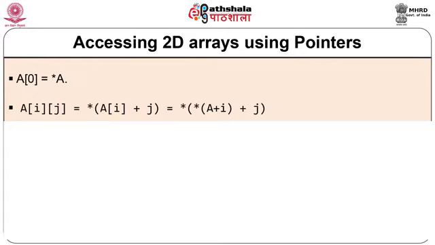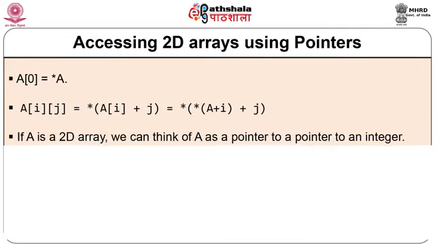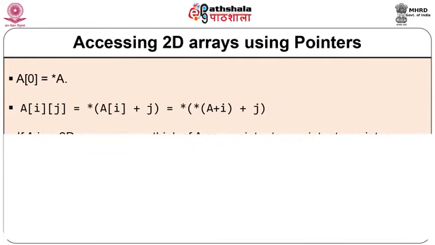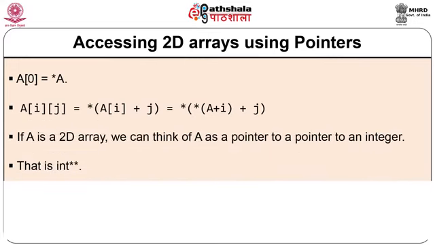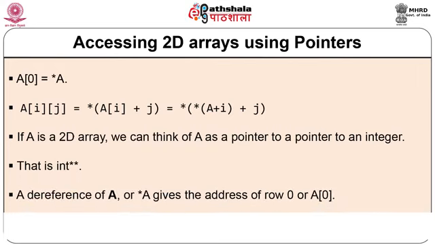Therefore, if A is a two-dimensional array, we can think of A as a pointer to a pointer to an integer value, that is int **. A dereference of A, or *A, gives the address of row 0, or A0, and A0 is an integer pointer.